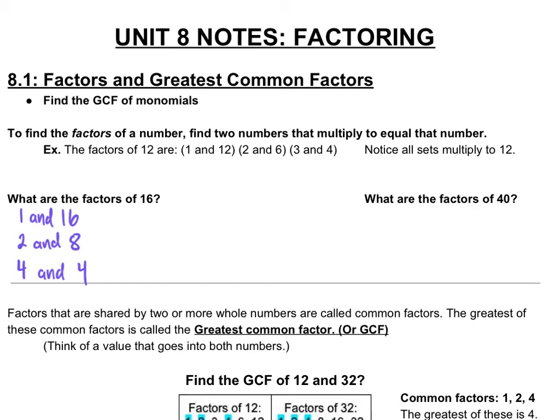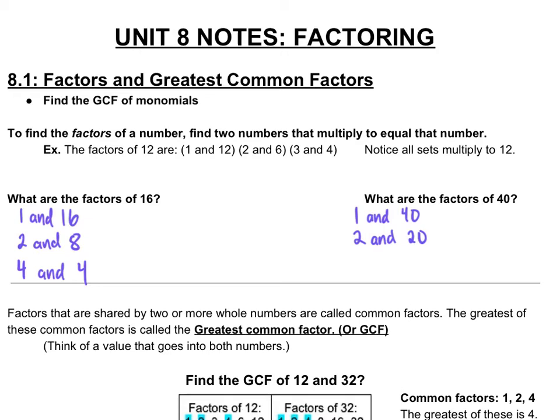All right, factors of 40. 40 and 1. All right, 2 goes into 40. 40 divided by 2 is 20. So 2 and 20. So now let's check. Does 3 go in? So I would do 40 divided by 3, and I get 13.333 repeating, so that's not going to work.